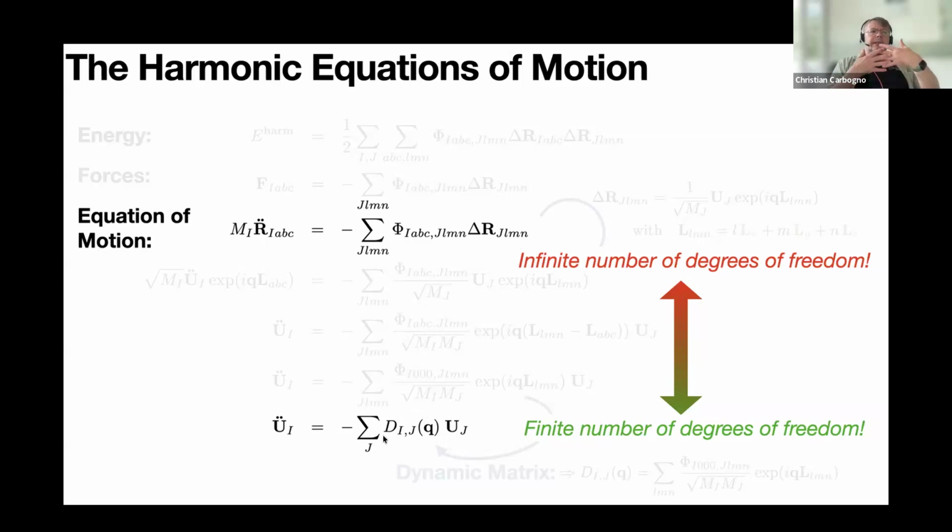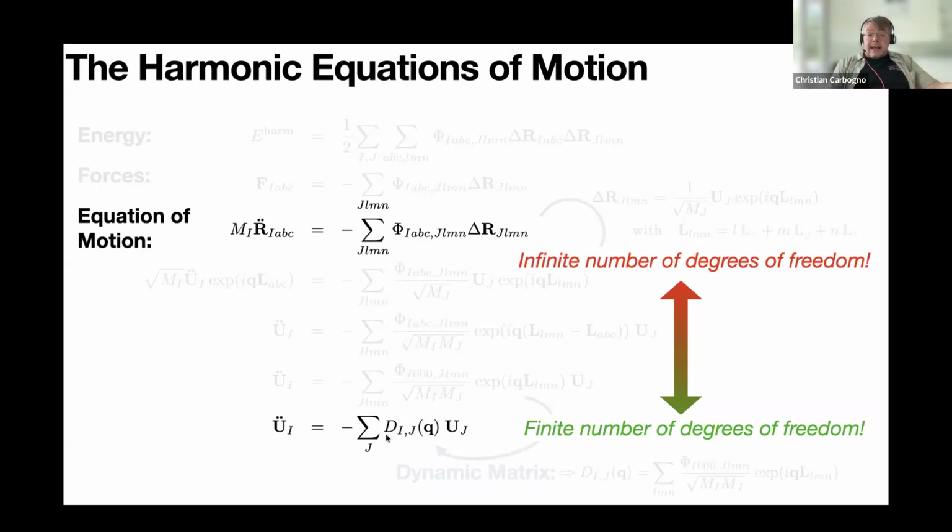This is very much the same thing that you've already done at the electronic structure theory level when you introduced Bloch wave functions to describe periodic solids. Also in that case, we had in the beginning an infinite number of electrons, and we reduced that to a finite number of electrons in the unit cell.